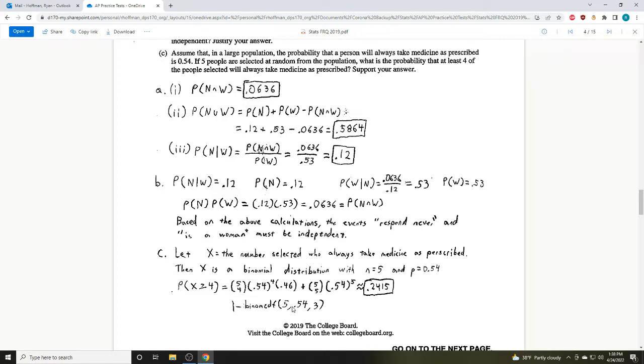So if you want greater than or equal to 4, then we need to use the complement and say what's the opposite of that. Well, the opposite of greater than or equal to 4, of 4 or more, is going to be 3 or less. So we find that 3 or less and then take 1 minus it, and we're left with 4 or more. But binomial distribution is the idea there on part C.